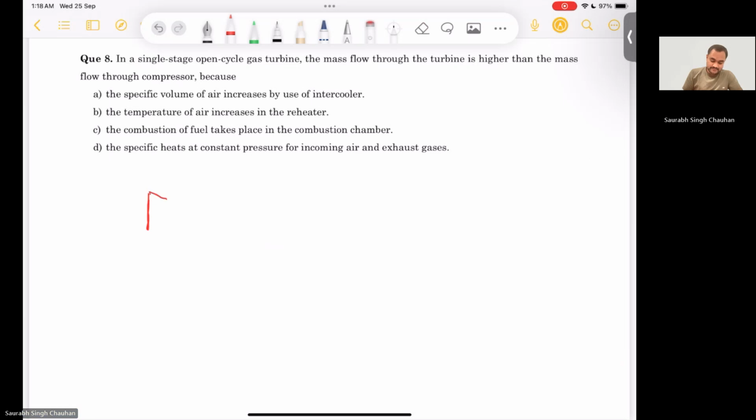Then the compressed air goes into the combustion chamber. In the combustion chamber, some fuel is injected, right? And that fuel burns and the exhaust gases pass through the turbine.